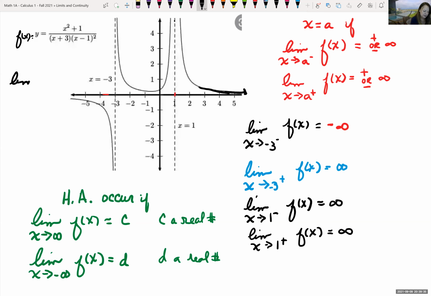So the limit as x goes to positive infinity of f of x is equal to 0. And the limit as x approaches negative infinity of f of x: same idea, if we follow the graph as x goes off to negative infinity, it is getting closer and closer to the x-axis. So this is also equal to 0.